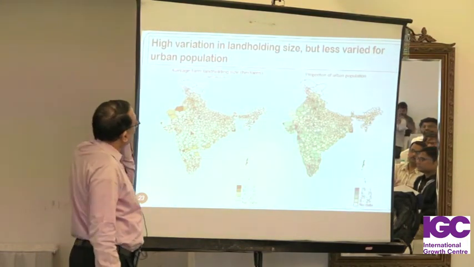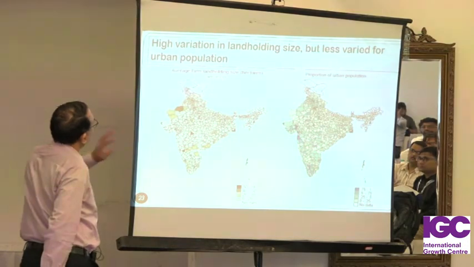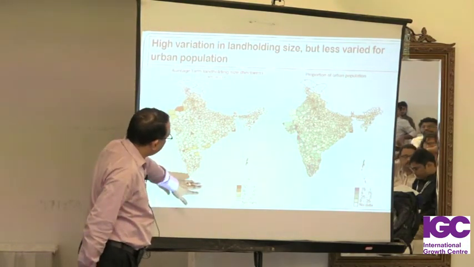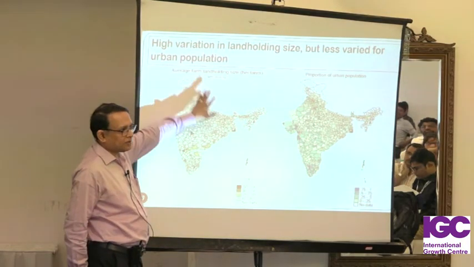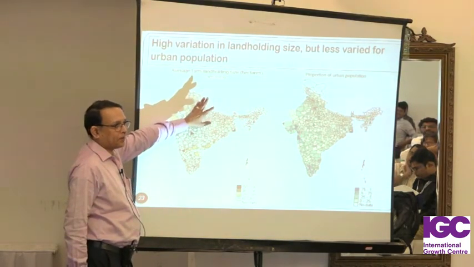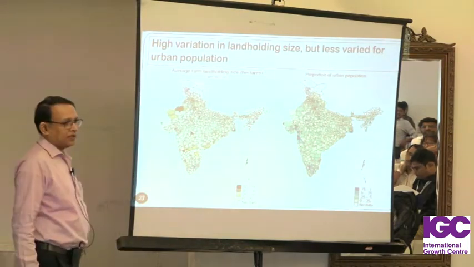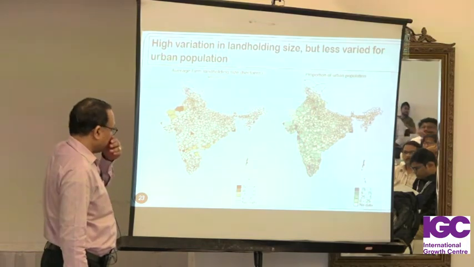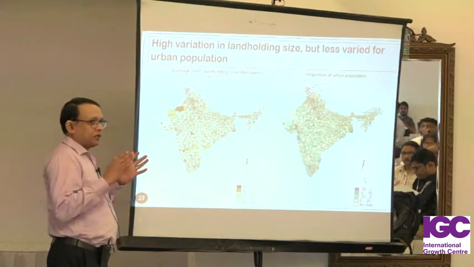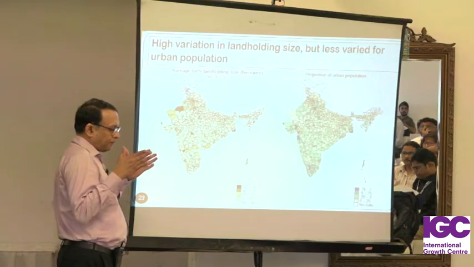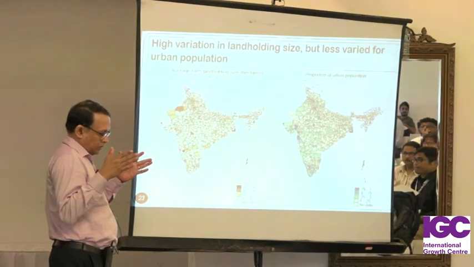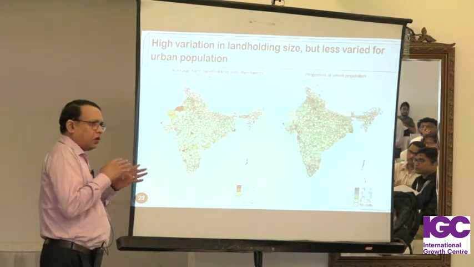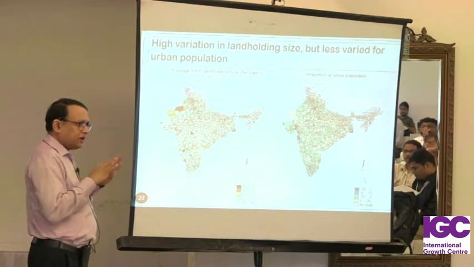So this is land holding size. We find it's more or less the same. The coefficient of variation in land holding is not much. Actually, if you restrict yourself to farms below, I think, 6 hectares, you find that all over the country it is more or less the same.